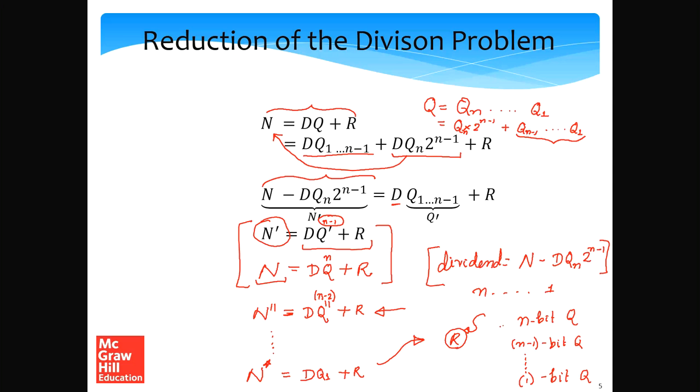So at every stage, we are sort of making the problem slightly smaller and slightly simpler. Till at the end, we need to compute a single bit, and finally, we'll be left with the remainder. So this sounds like a good plan. It is just that the secret sauce is missing.